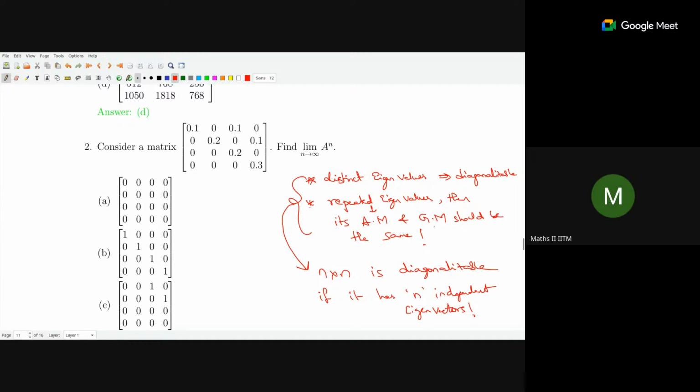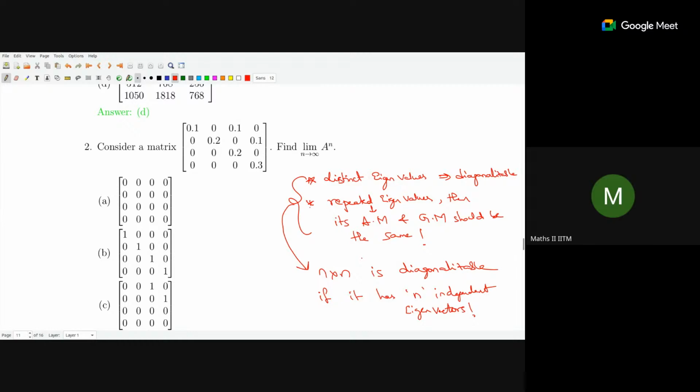The second thing is, even though you have repeated eigenvalues, if the algebraic multiplicity is equal to the geometric multiplicity, then for the same eigenvalue you will get different eigenvectors. If your eigenvalue is repeated twice, its algebraic multiplicity is 2, and if the geometric multiplicity is also 2, then the null space is spanned by 2 independent eigenvectors, right? So even though the root is repeated twice, for that particular root you will have 2 independent eigenvectors.